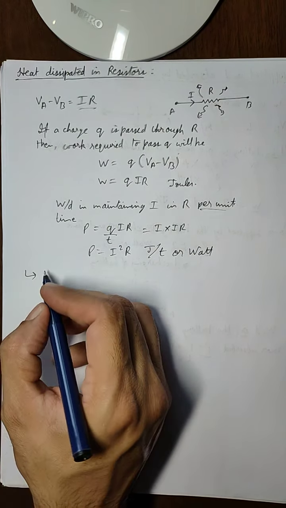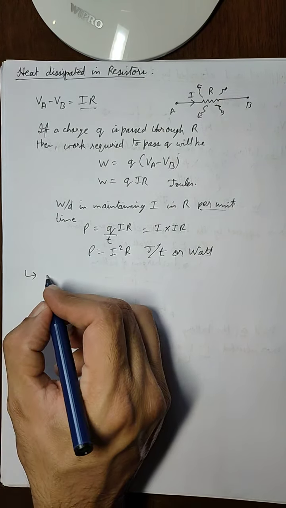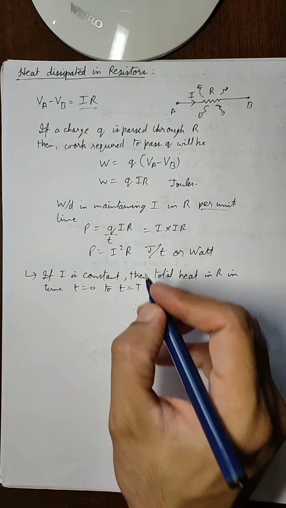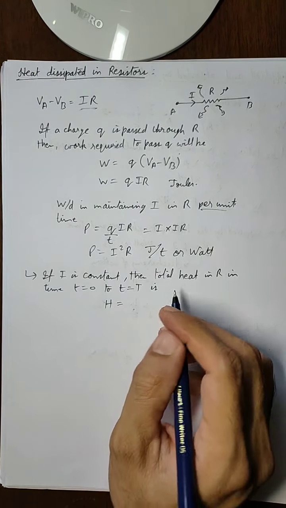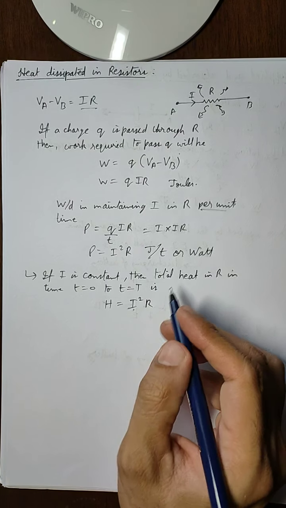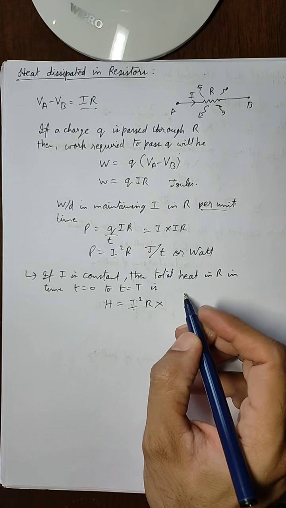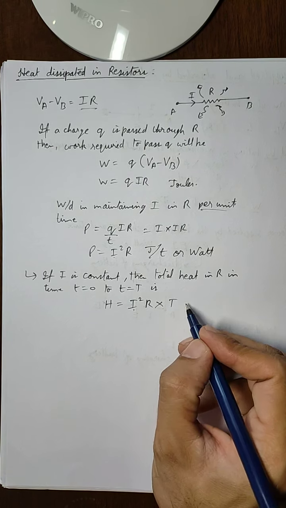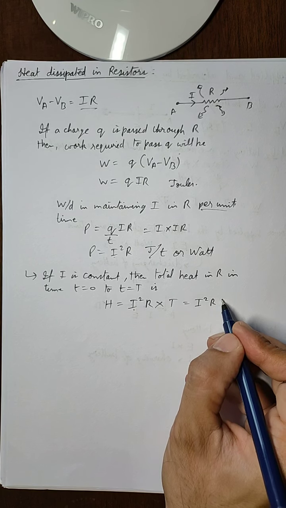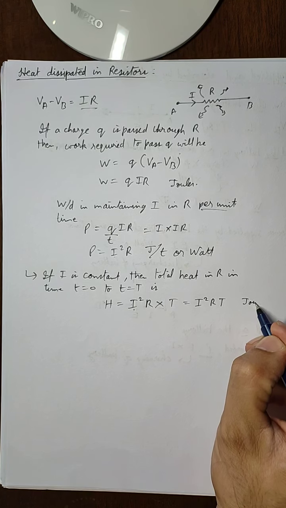So if I is constant, then the total heat produced in R in time t equals 0 to time t equals capital T will be given as H equals I square R multiplied by the time. So this will be equal to I square RT joules.